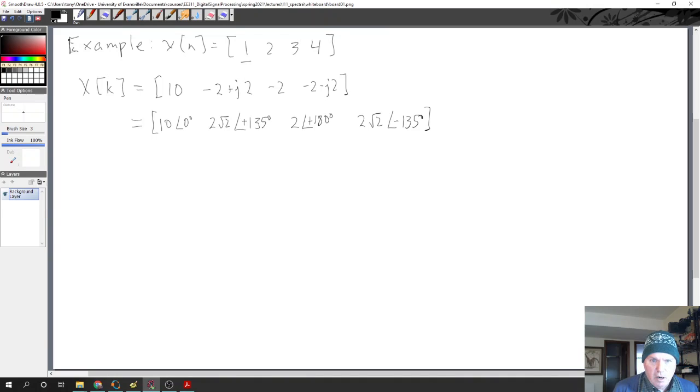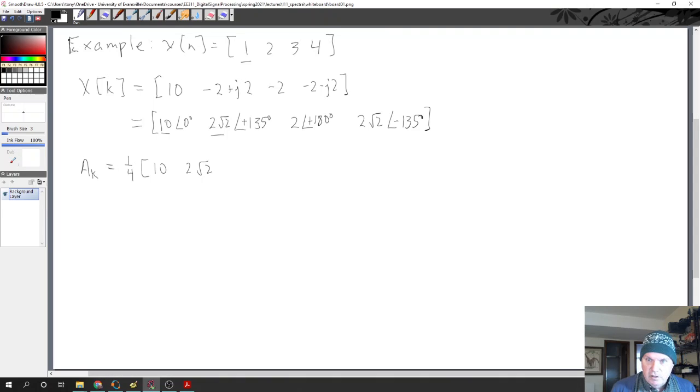And so our amplitude spectra would consist of, remember, the magnitude of our DFT divided by N, so 1 over 4, and then simply 10, 2 square root of 2. I'm just taking the magnitude of each of these. Of course, I could go back to the original rectangular form, and this would be the square root of 2 squared plus 2 squared, which is 2 square root of 2.